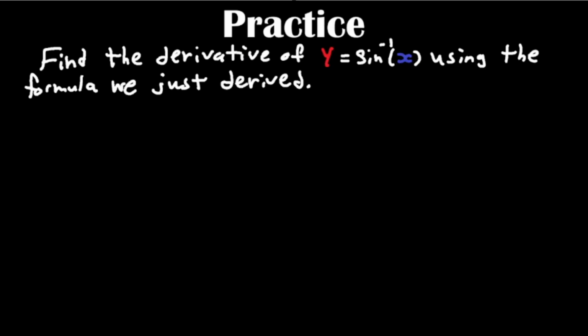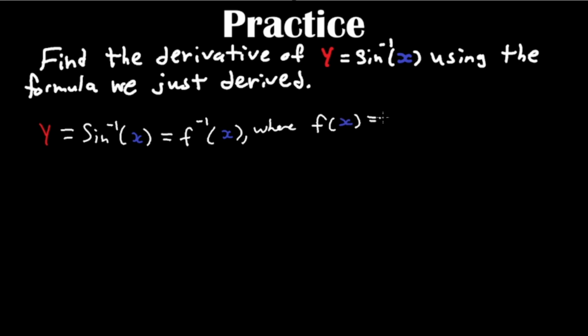I previously gave you the derivative of the sine inverse of x, but I want to use the formula that we just found to show that. We're given that y is sine inverse of x. For our derivative formula, we want y to be f inverse of x, so this is f inverse of x where f of x is sine of x.